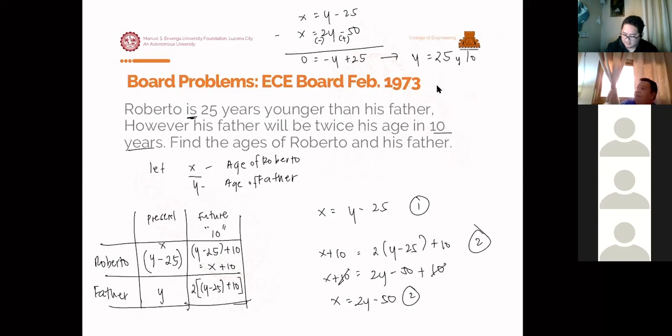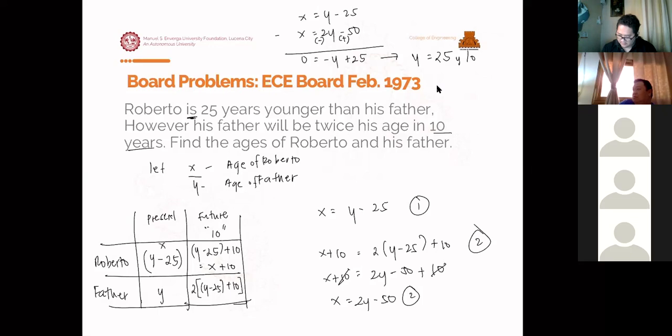Then yung age ni Roberto, bakit 0? Pero tama, sir, kasi 25 years younger eh. 15 for ano yan, 15 and 40. Assuming, ano sir?